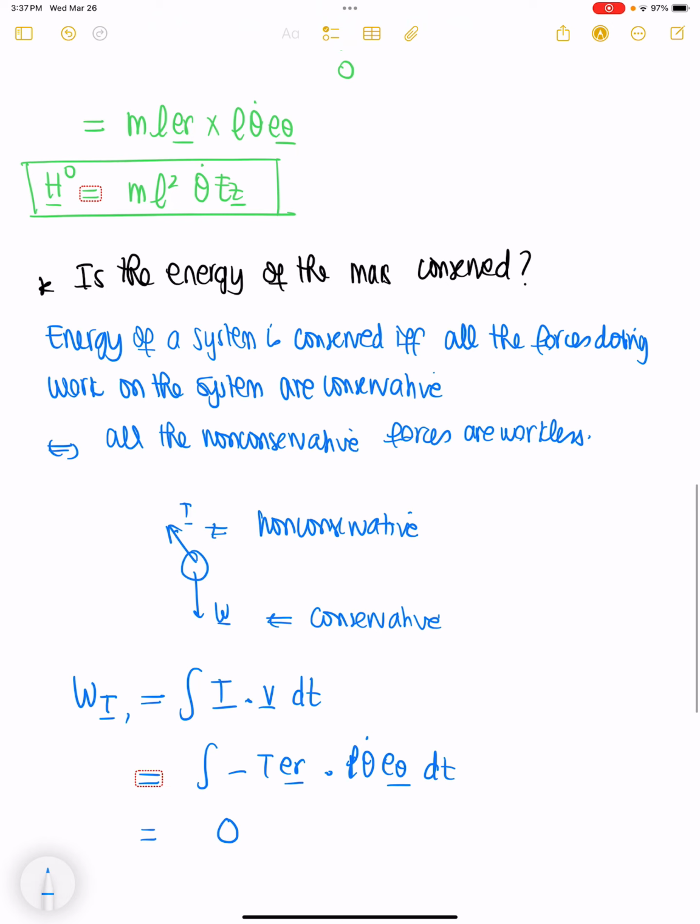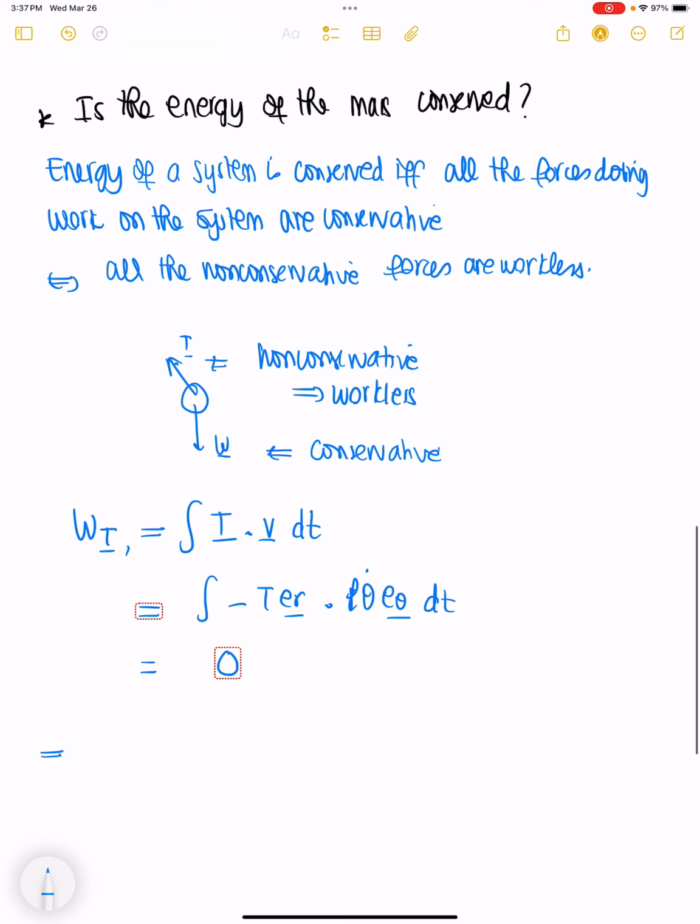So the tension force is workless. Hence, the work of all the non-conservative forces is 0. So yes, the energy of the system is conserved. So finally, we have a conserved quantity here.